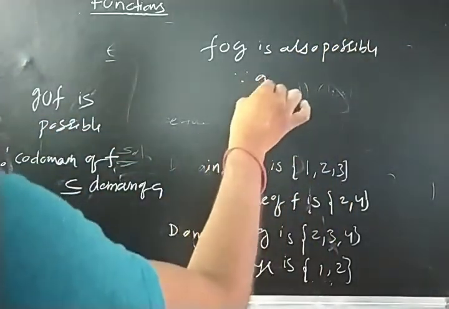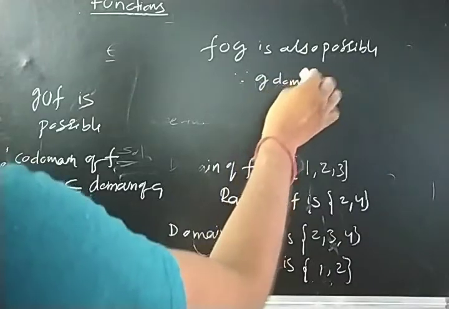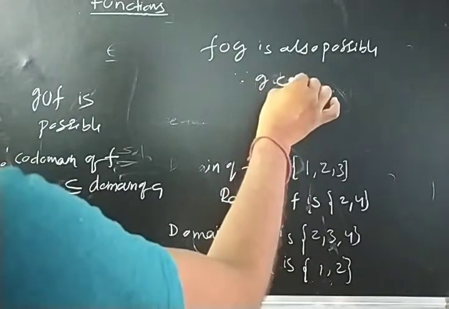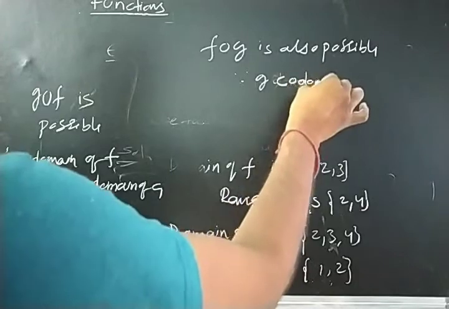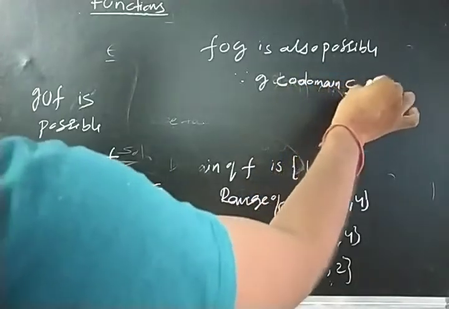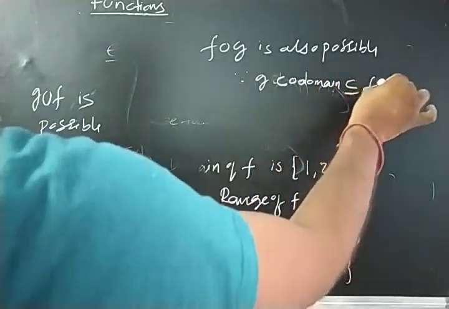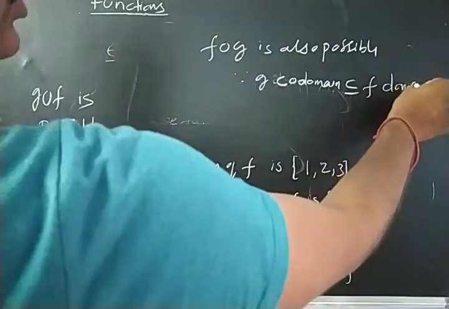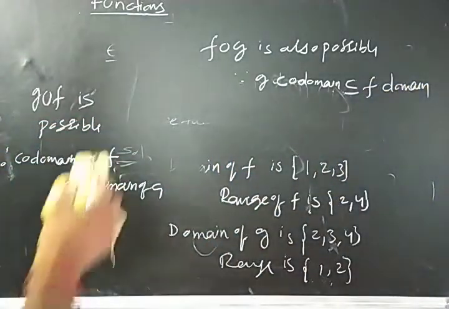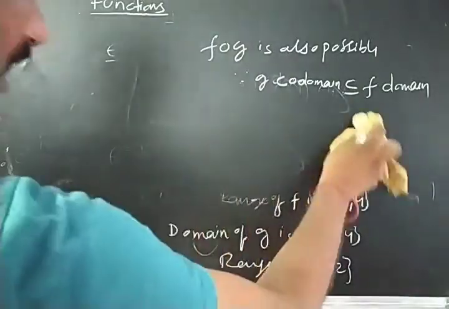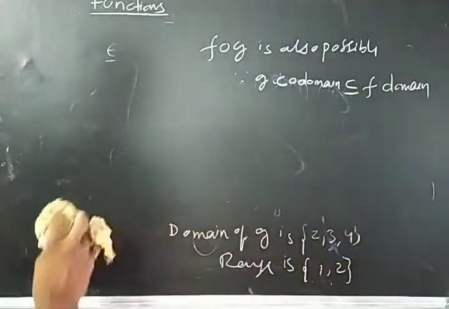Why? Because the g codomain is a subset of, or equal to, the f domain. So this is the reason. Now both are possible. Now I am going to find the images of the functions.